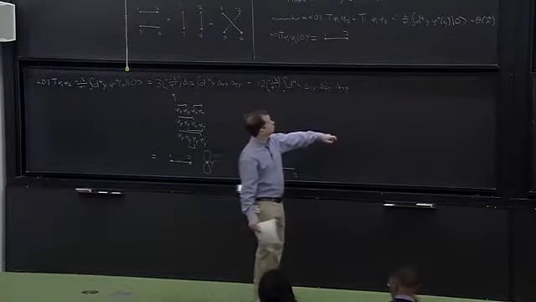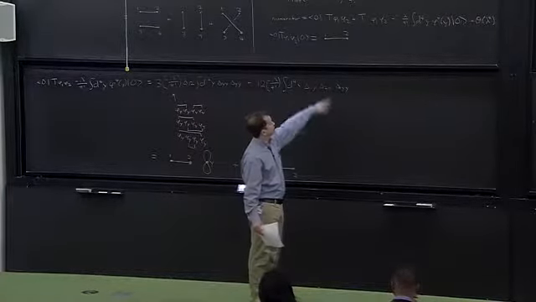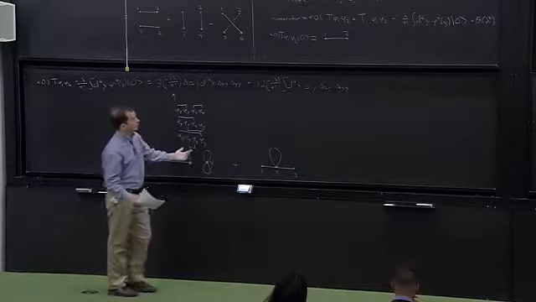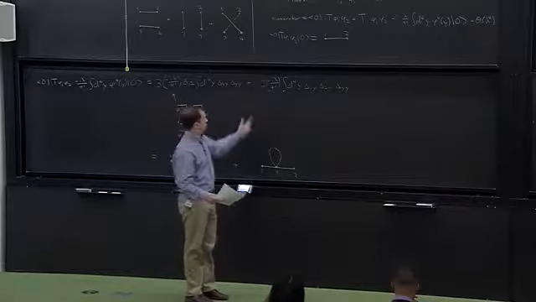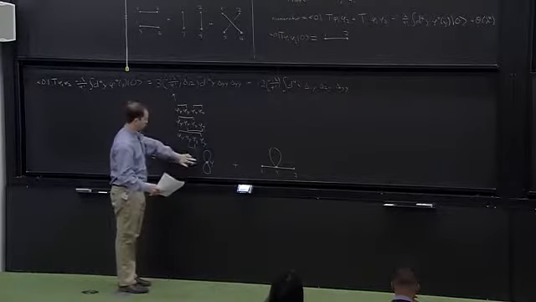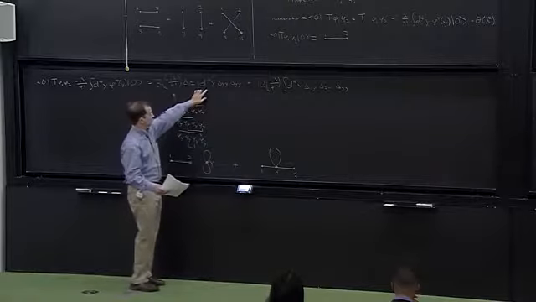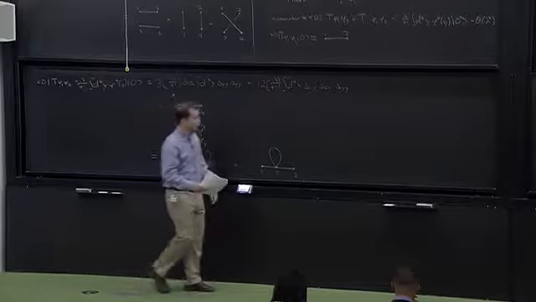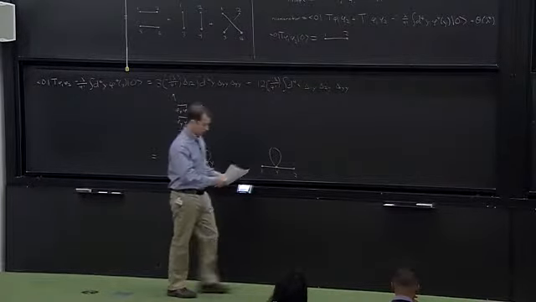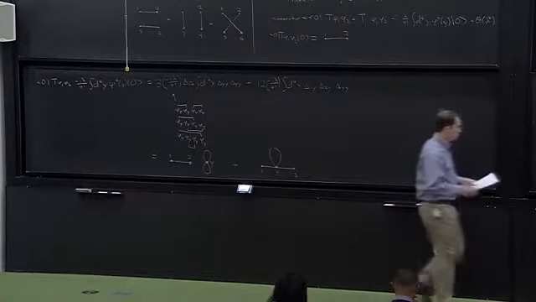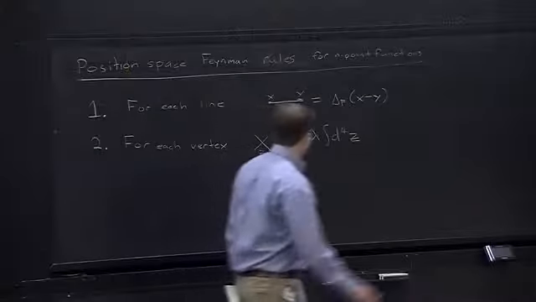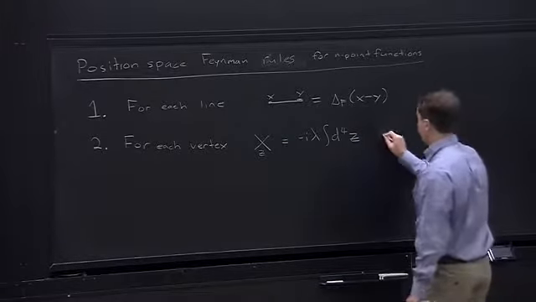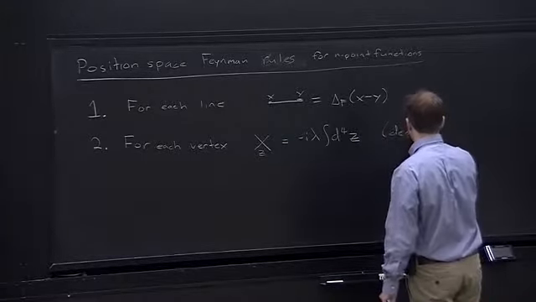And that just comes about because the only way we have more than one field at the same point is if we expand the exponential. And every time we get more than one field at the same point, it also comes with an integral over the position of that field and a factor of minus i lambda. And we'll come back to the 4 factorial in a minute. And so this one came from the interaction Hamiltonian. So this rule depends on the interaction Hamiltonian.